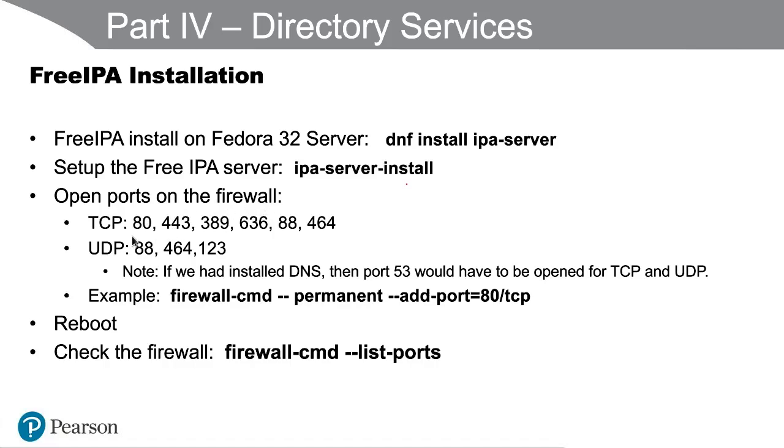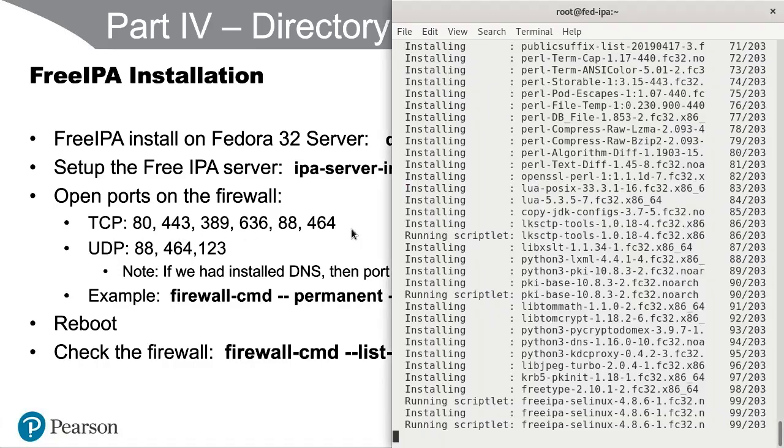Now, if you were also installing the DNS server, you'd append this with IPA-DNS, and you'd append this with /setup-DNS, and then you'd have to add port 53 here on the firewall for TCP and UDP. Because the firewall is completely closed right now. All the ports are shut. We have to open up what we need here. Let's see how this is doing so far. Okay, still running.